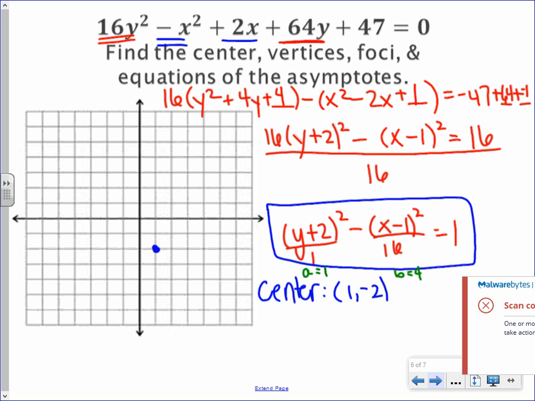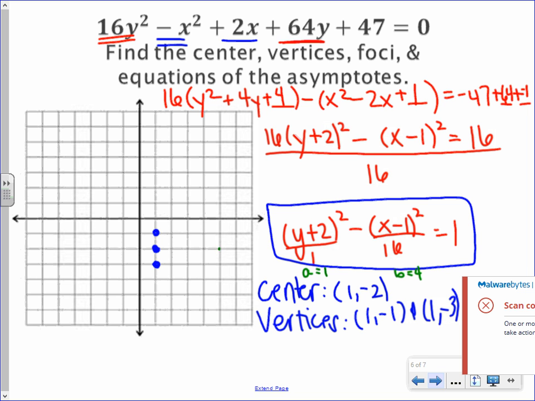I want to get to the asymptotes here. So for our vertices, I need to go vertically 1 from the center because A is 1. B is 4. That's helping us get our asymptotes.